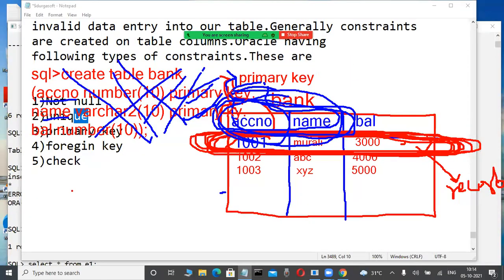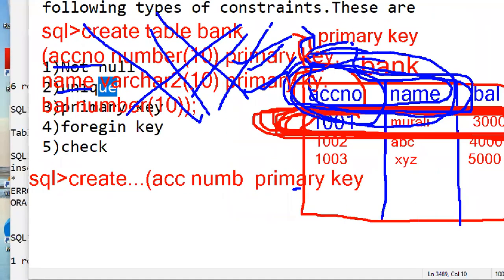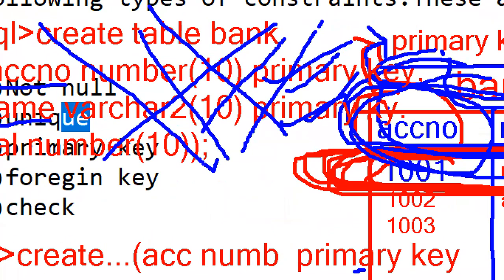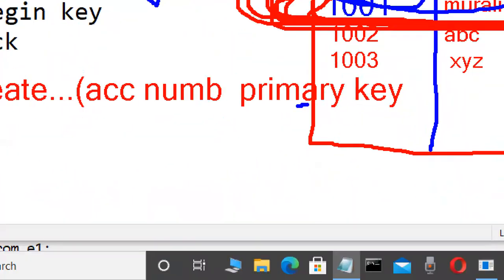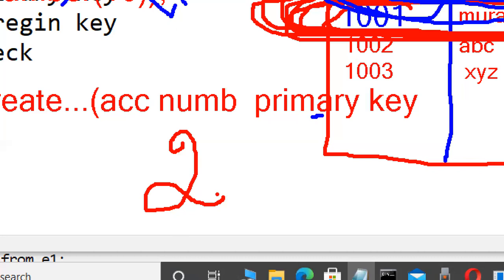You are also well-known persons. How do you create these constraints? The syntax is known to everyone: create table, table name. After that, for whatever column there is, after the data type we immediately use a constraint type like primary key. You have an idea of these syntaxes. There are two types of syntaxes for constraint creation in every database.